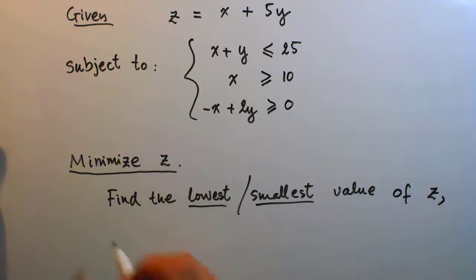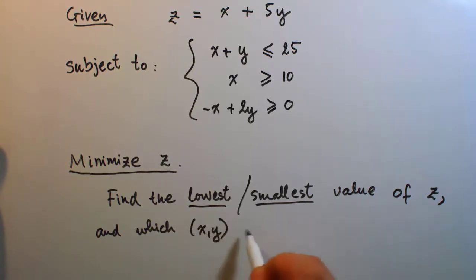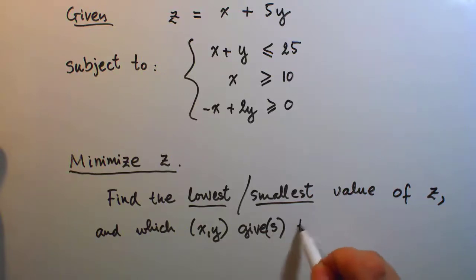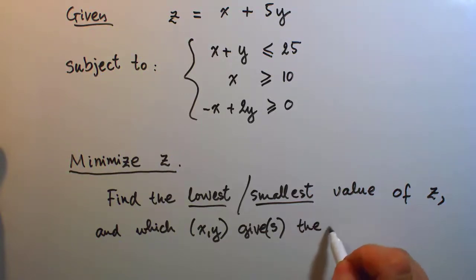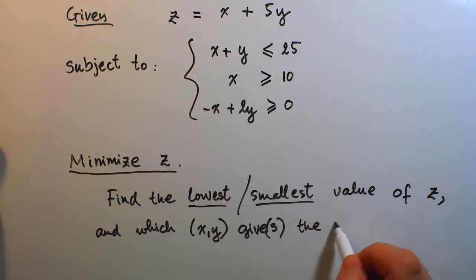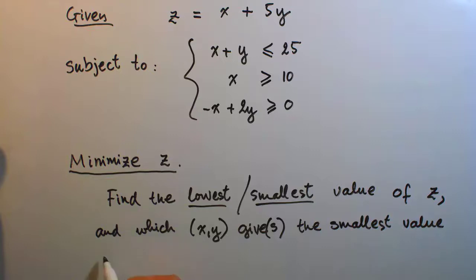And further, we want to find which pair of x and y gives the smallest value of z.